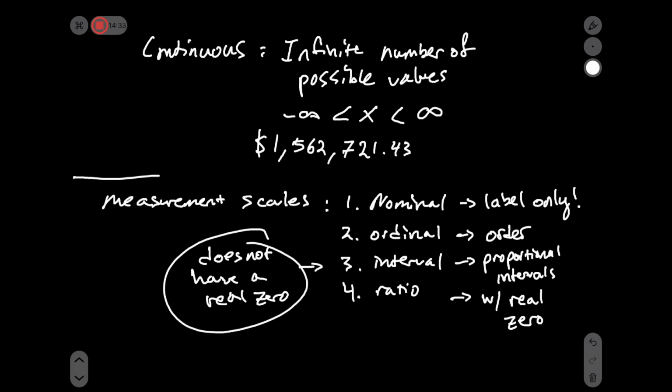So using that information, let's go through a few examples. The first example, maybe the number of marbles in a jar. Is this quantitative or qualitative? And if it's quantitative, is it discrete or is it continuous? And finally, what is the measurement scale that we would use to measure this variable?